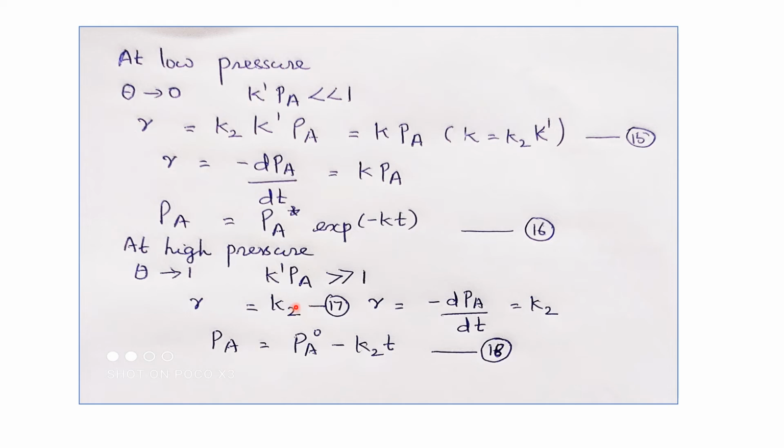That is, the reaction is 0 order with respect to A. Thus, we can write R equal to minus dPA by dt, that is equal to K2. That is a constant, which can be integrated to give PA equal to PA0 minus K2 into T. This means that the partial pressure of the gas decreases linearly with time.